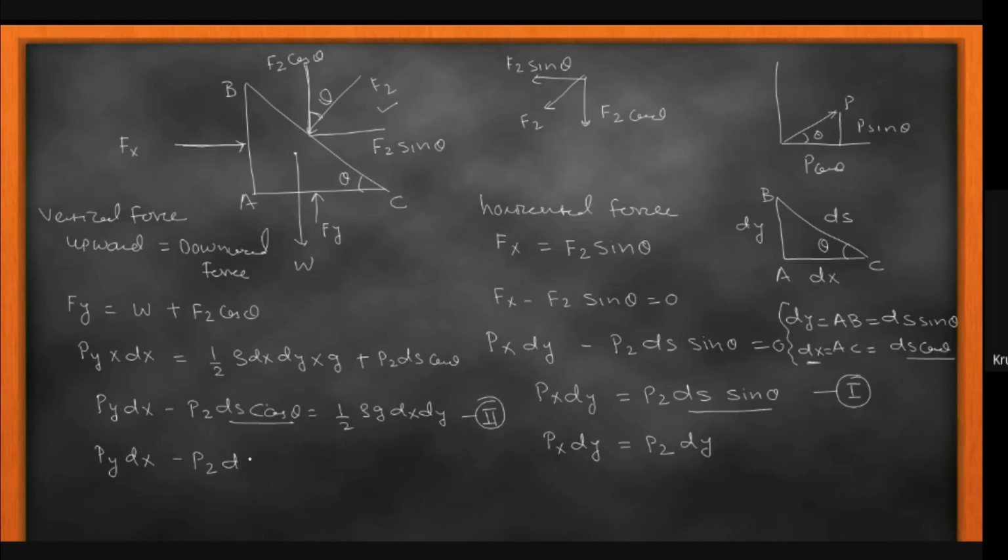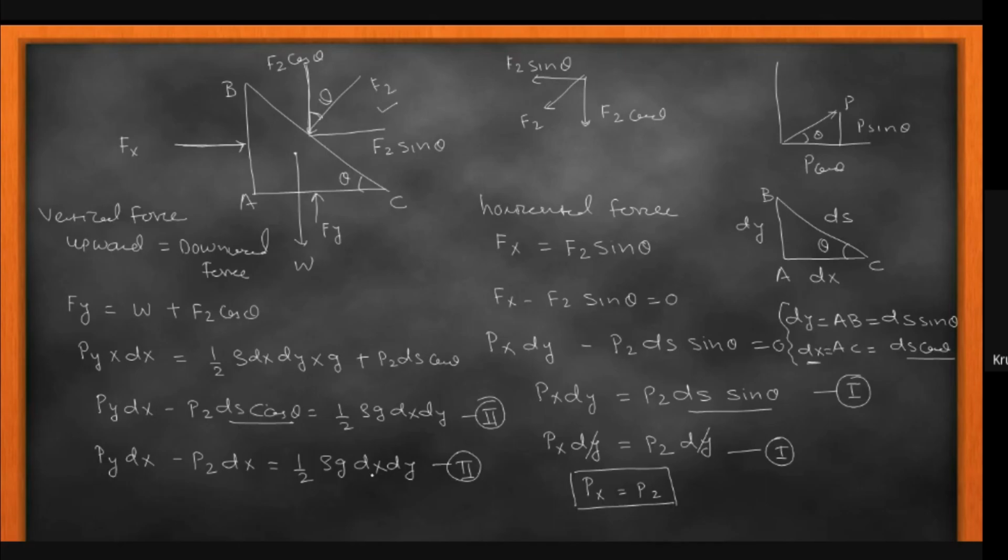So here it is dx, which equals 1 by 2 rho g dx dy. The dy cancels out, so we get Px equals Pz. That is our first expression.